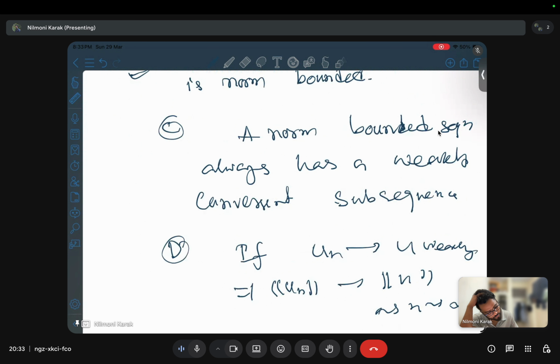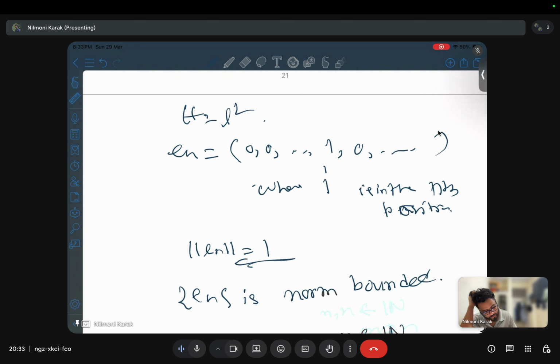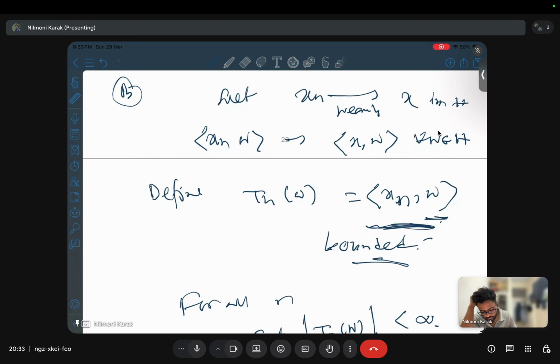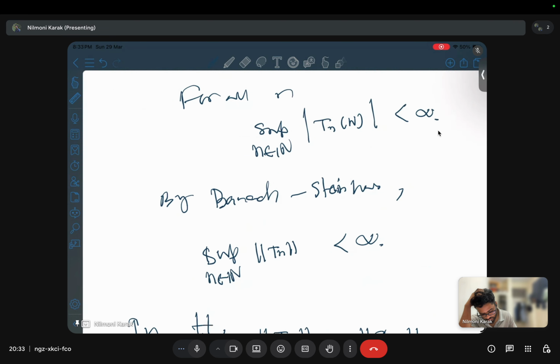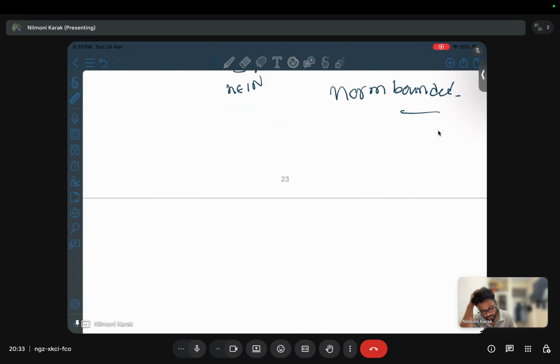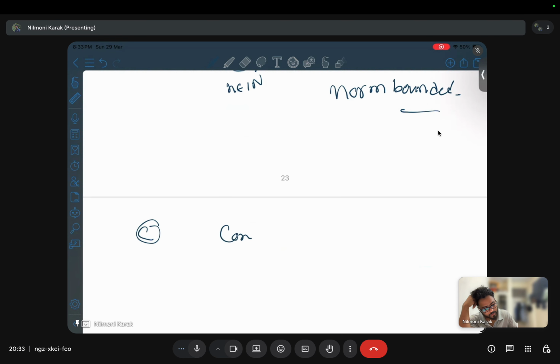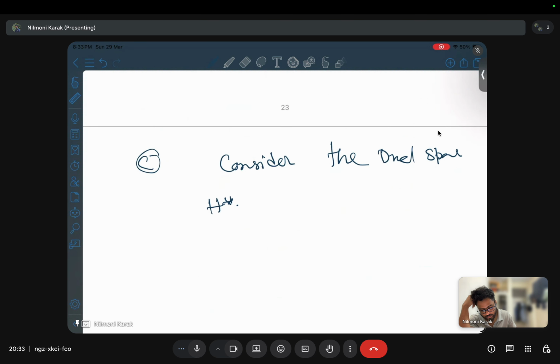Next: a norm-bounded sequence always has a weakly convergent subsequence. This is also true by the Banach-Alaoglu theorem. Consider the dual space of H, which is H star.